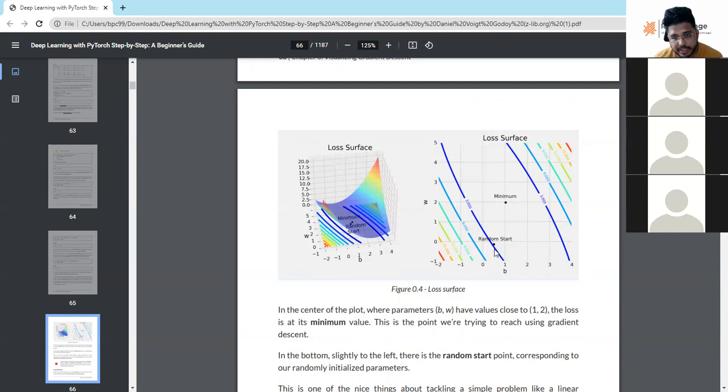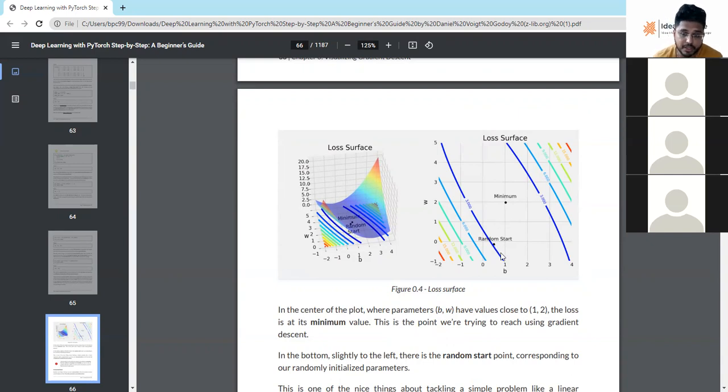So here we are visualizing that this is the path from random start point to minimum point in a 3-dimensional graph. We still don't know how to calculate this path, but at least we can visualize it.